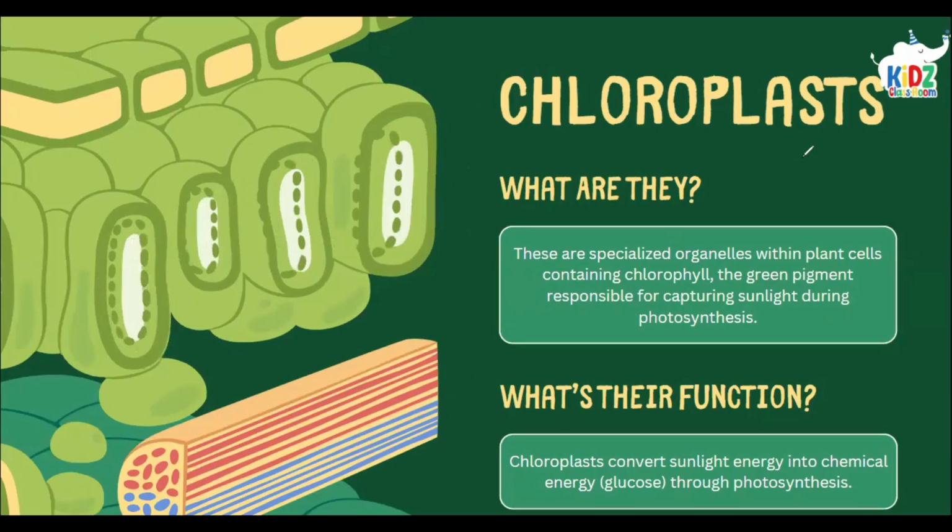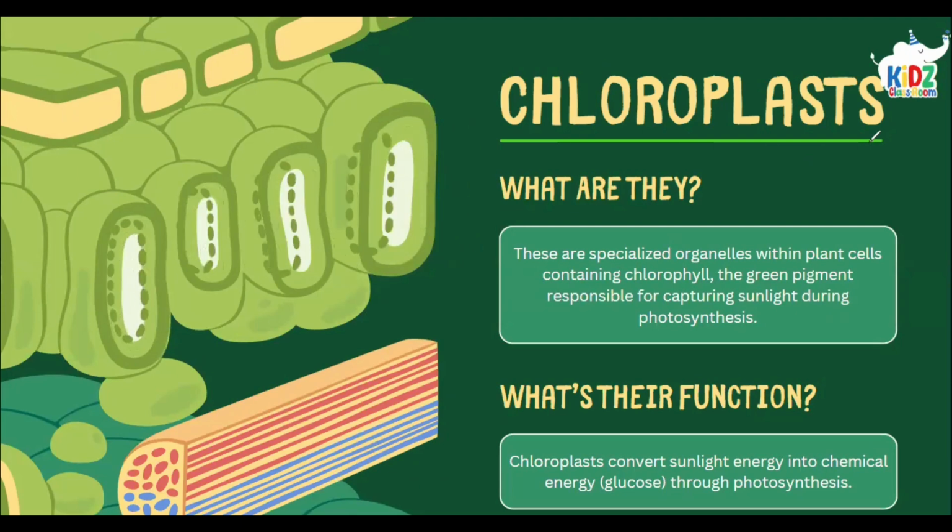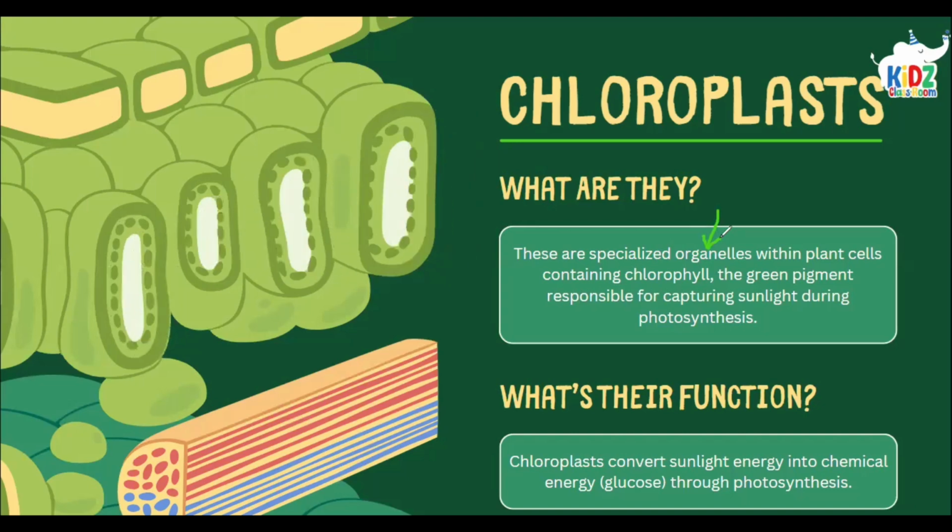Okay, so now we have chloroplasts. What are they? Chloroplasts are green structures. Firstly, they are green structures and they are organelles. They are not an organ, not an organism, not a tissue, but they are organelles within plant cells containing chlorophyll.